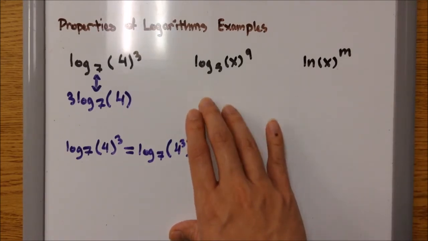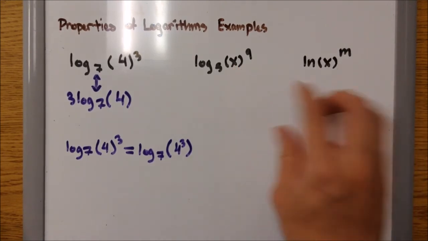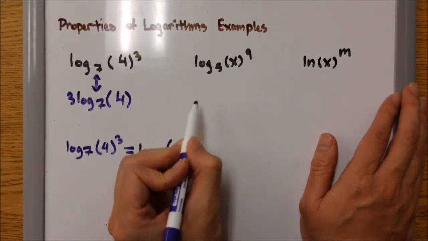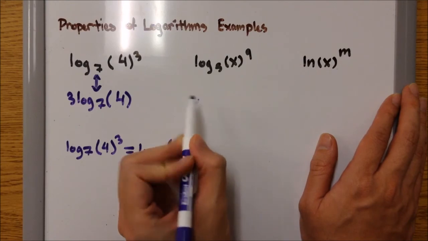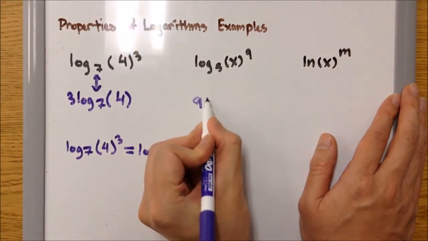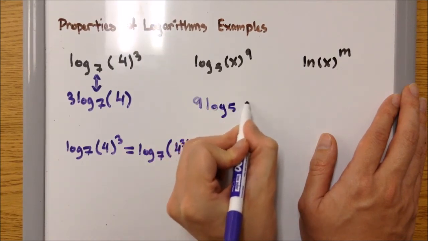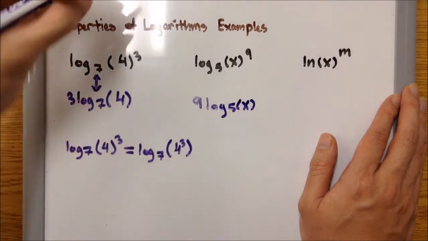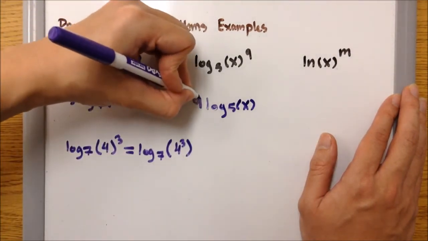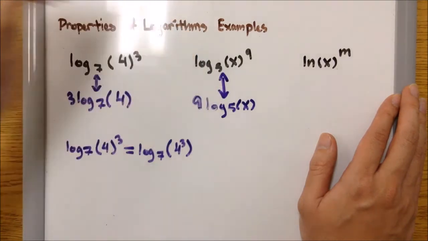Now example 10, we have log base 5 of x to the 9 power. We can rewrite it as 9 log base 5 of x. And again, you can go in different order.